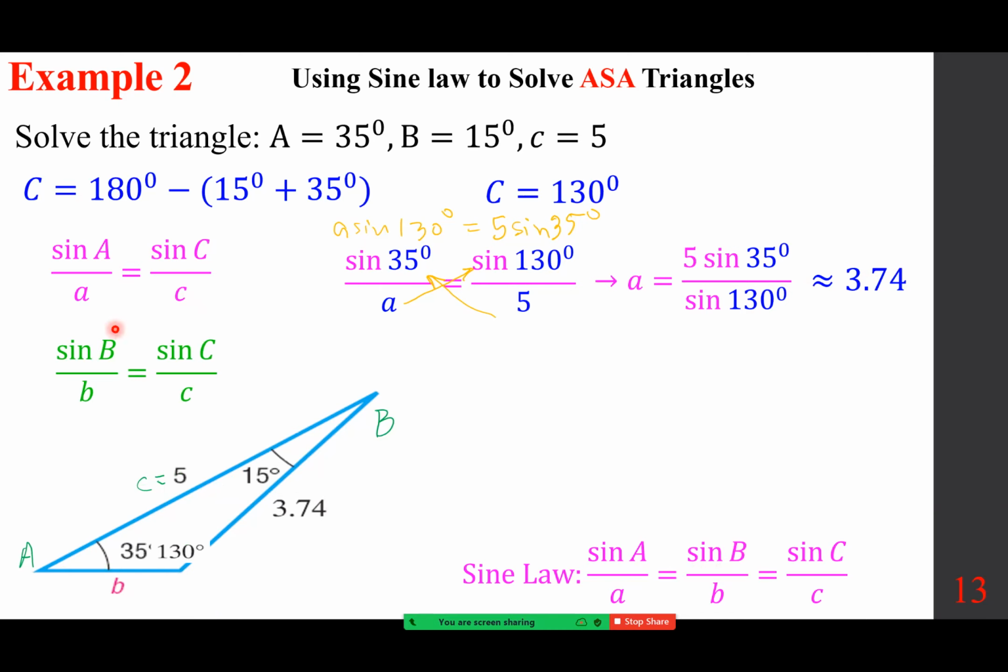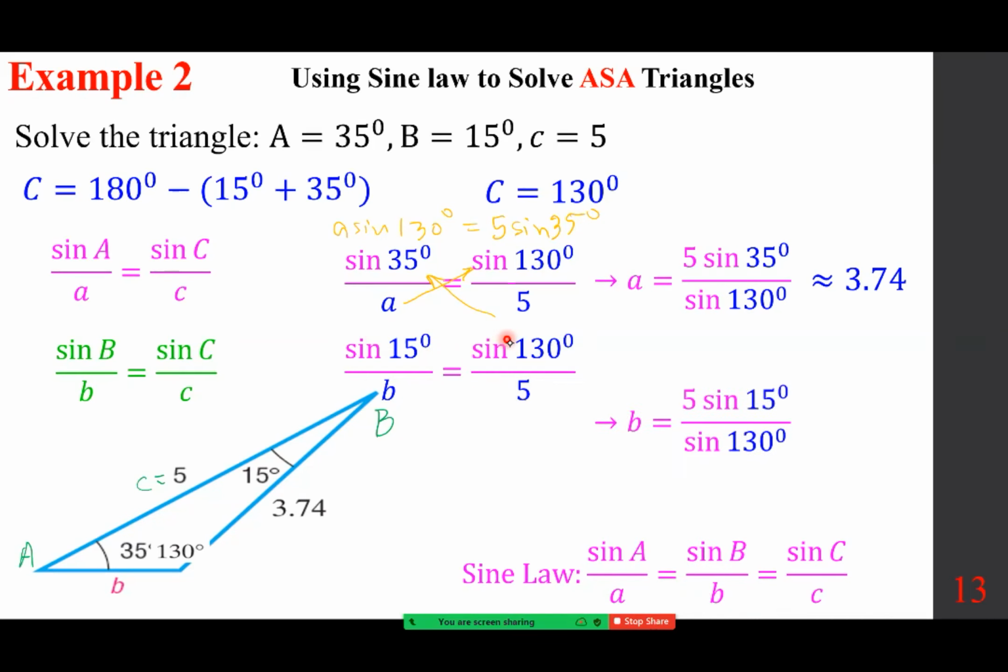So capital B is 15 degrees, lowercase b is missing, sine of 130 degrees over 5. So I want to use at least one thing that was given. So b is the product of these two divided by this one. So b is 5 times sine of 15 degrees divided by sine of 130 degrees.